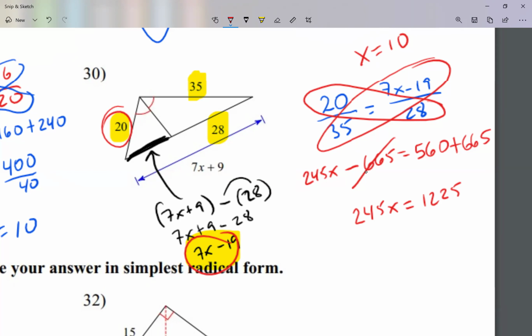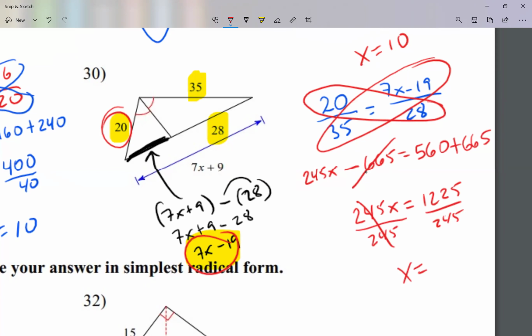Let me divide both sides by 245. X is equal to, now according to my calculator, 1,225 divided by 245 is equal to 5.